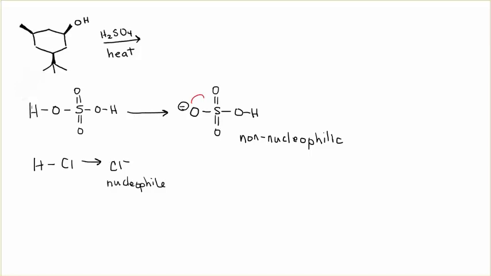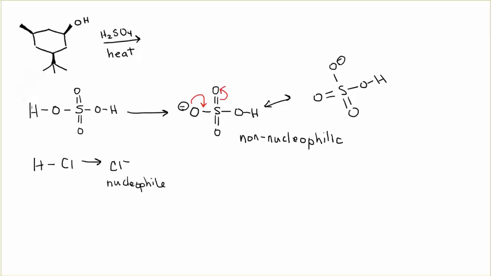This has a lot of resonance structures. So one of the possible resonance structures for this conjugate base looks like this, where we can resonate that negative charge into those other oxygen atoms. Resonance lowers the nucleophilicity because that negative charge is smeared out amongst all three of these oxygen atoms.